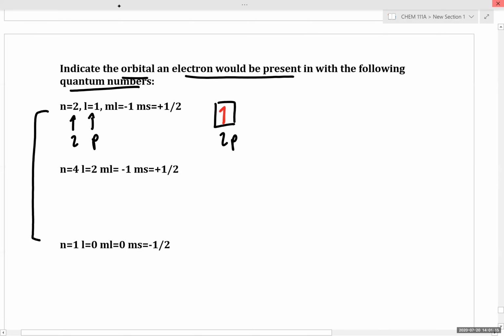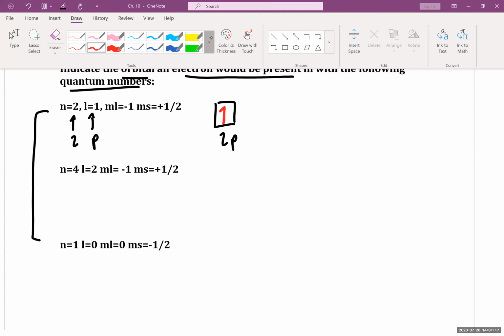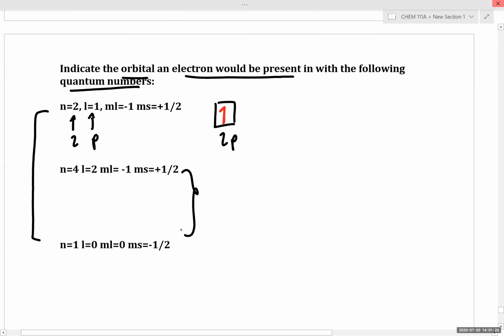I'd like you now to attempt the following 2 examples. Describe the orbital that an electron is present in for the following set of 2 quantum numbers, and then tell me whether the electron is upspin or downspin.